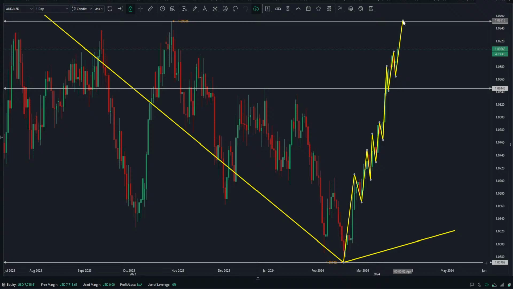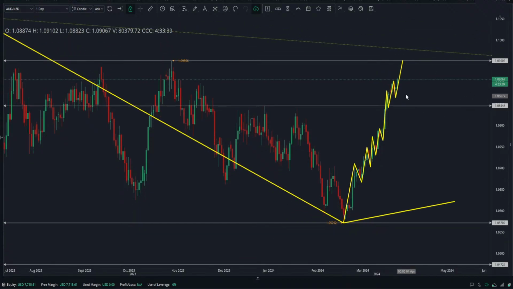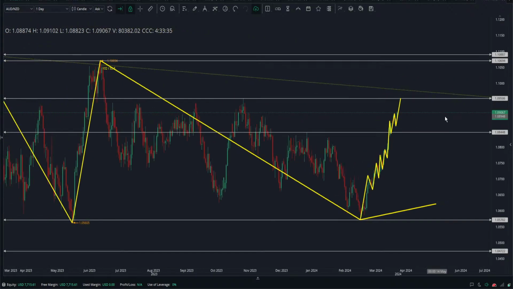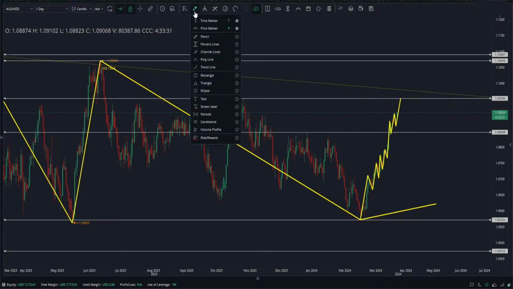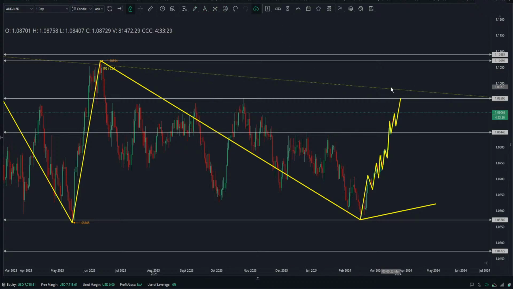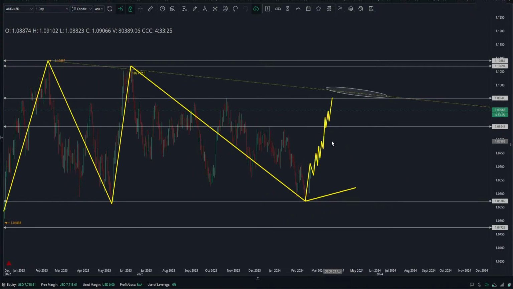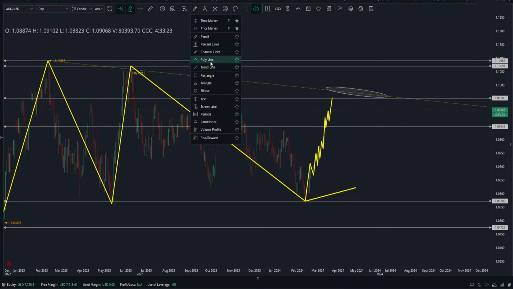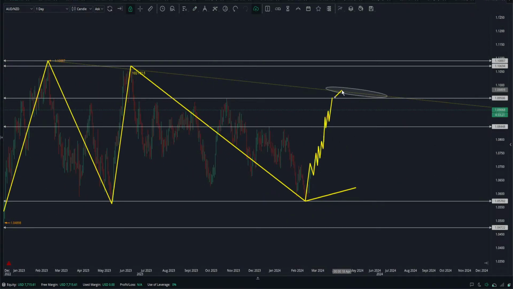And this I am expecting to go till this one, from where there is a possibility of some pullback, and eventually I am expecting this resistance zone to act as a very good resistance. So I will put it like this. I think this is a red zone from where the price can reverse like this.